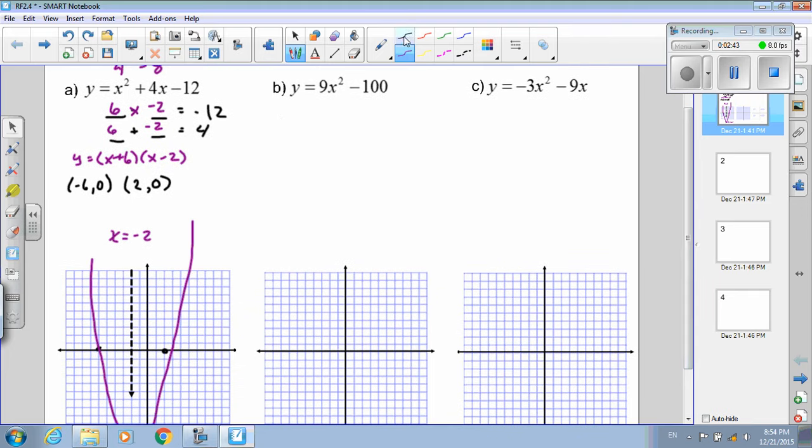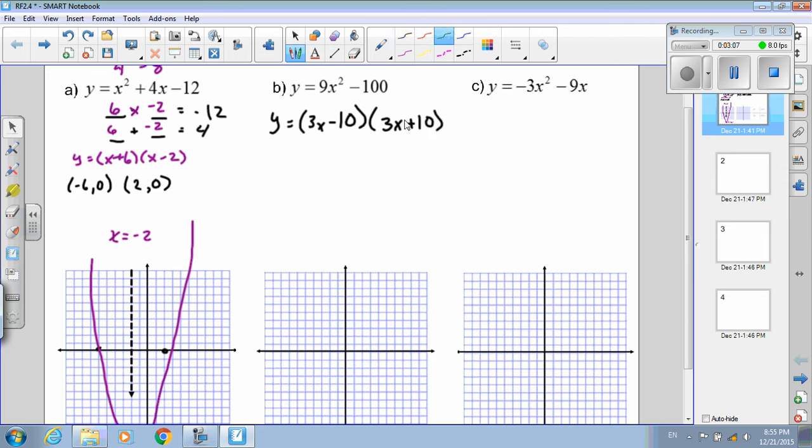Second one is a difference of squares. So I'm looking for the root for each one. The root of this is 3x, and the root of 100 is 10. So 3x minus 10, and then 3x plus 10.